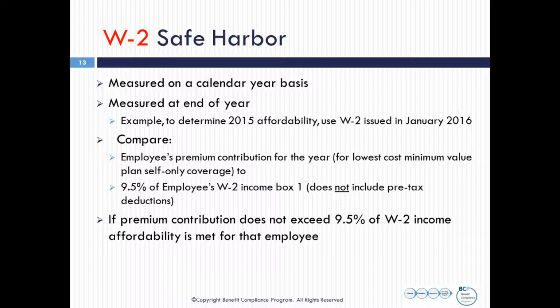This box 1 does not include pre-tax deductions, but if you're using the W-2 safe harbor, that is what you need to use. So if their premium contribution does not exceed 9.5% of that W-2 amount, affordability is met for that employee.